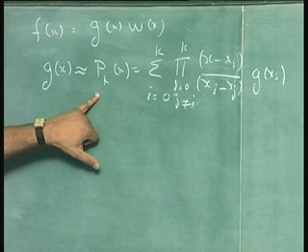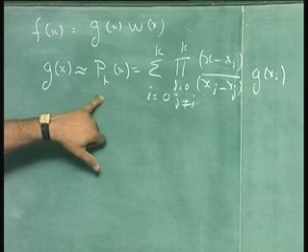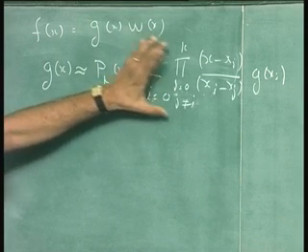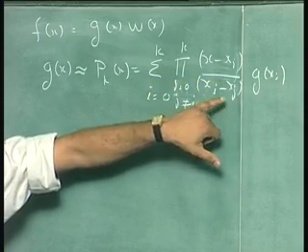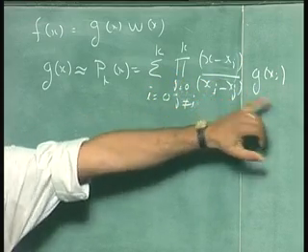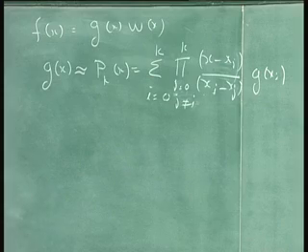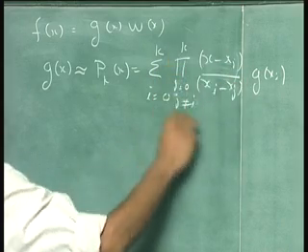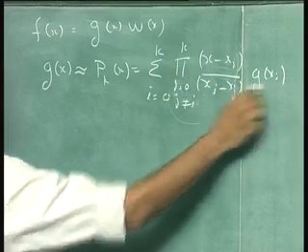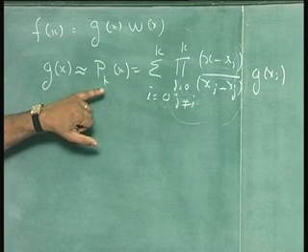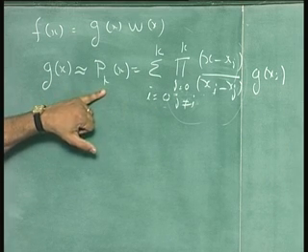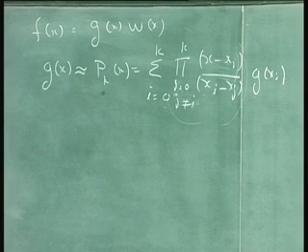We have written this in the polynomial interpolation case. So you have a sum of the products. The products are x minus xj by xi minus xj, and g of xi. So we have to evaluate this product, multiply that with the function, and then take the sum. That's the polynomial, the Lagrange form for the polynomial approximation.